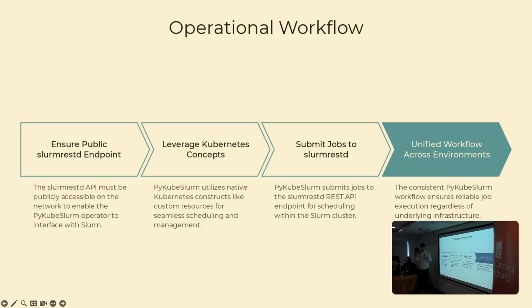By watching that, let's say when you apply a manifest, PyKubeSlurm is watching the stream and will detect something was created or modified, and then do all of the things behind the scenes to communicate correctly with Slurm. And that's it. After that, the job is submitted by accessing the Slurm REST API.